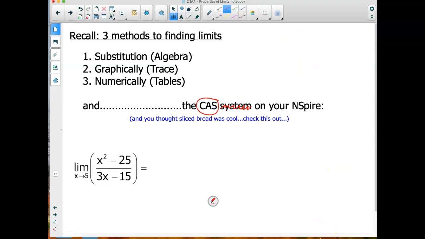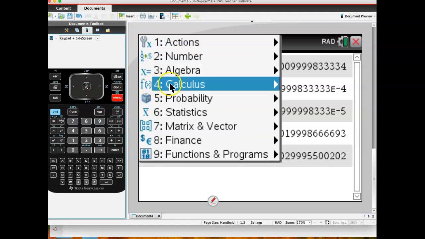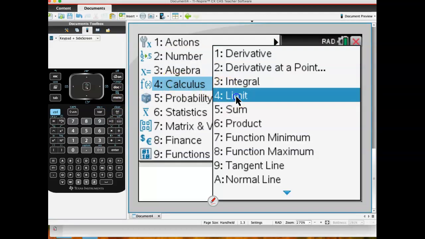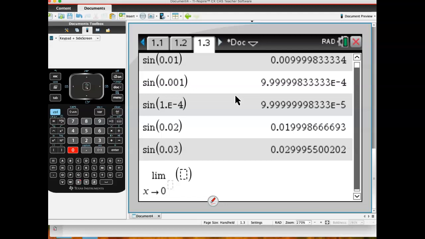You can pull up your calculator, and what I can do is I can go into my menu, go into my calculus, and I can find a limit. And I can say x, and my x is going to be approaching 0. I can put a plus or a minus in there for right-handed and left-handed limits, which we haven't done yet.